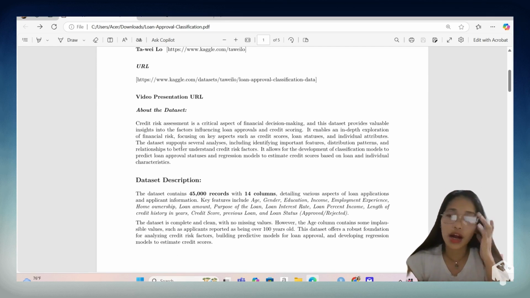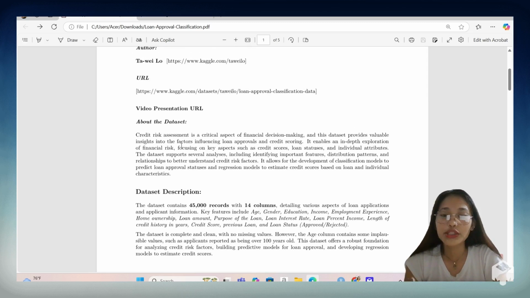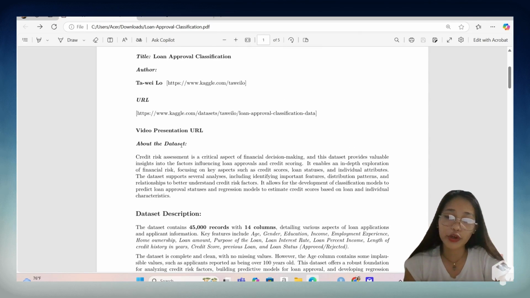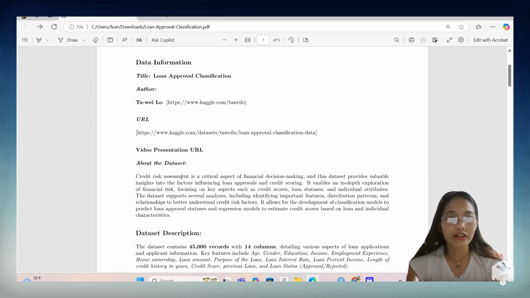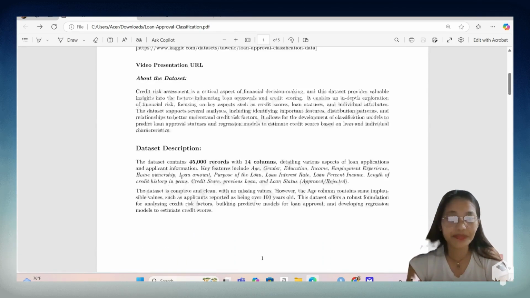It also helps us create prediction models. For example, we can build a model to predict whether a loan will be approved, or use another model to estimate someone's credit score based on their loan details and personal characteristics. In short, this dataset is useful for understanding and predicting financial risk. That is all about the dataset of loan approval classification.